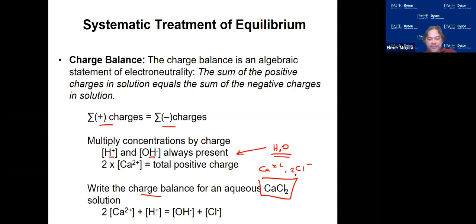Or you just put this 2 and then the H plus and the OH minus. If you're going to group them, these are your cations and you have to multiply this by 2 because you have a charge of 2 plus. The other side has the chloride and the hydroxide. So that's how you do the charge balance equation.